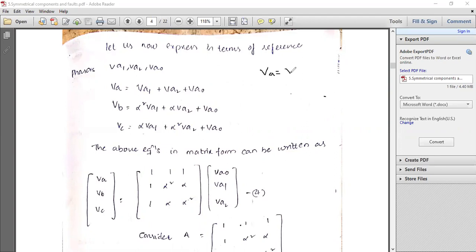So if we want to express VB in terms of its components, how can we express that? VB1, VB2, and VB0.